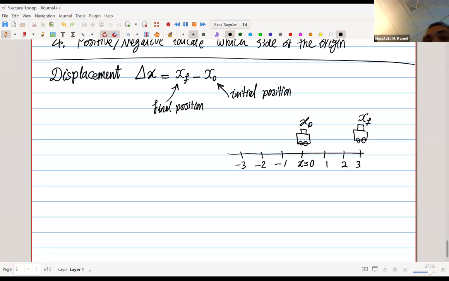So I moved from here to here. The displacement in this case is 3 meters. All of these are in meters, just to be clear. Should be kilometers because it's a car, but anyway. 3 meter minus 0. So the displacement is 3 meter.